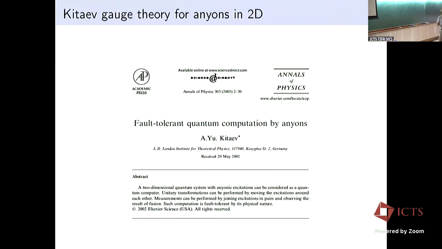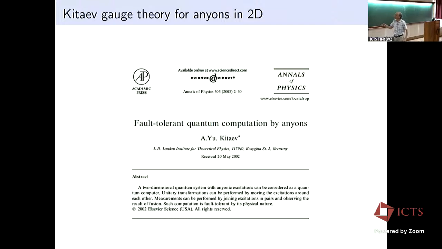But I think it's fair to say that the whole subject was to a large extent launched by Alexei Kitaev in this incredible paper, fault-tolerant quantum computations by anyons. Of course, the toric code was presented there, but also far-reaching generalizations using basically an arbitrary symmetry group, not just the Z2 group. And in particular, all finite non-abelian groups are allowed.